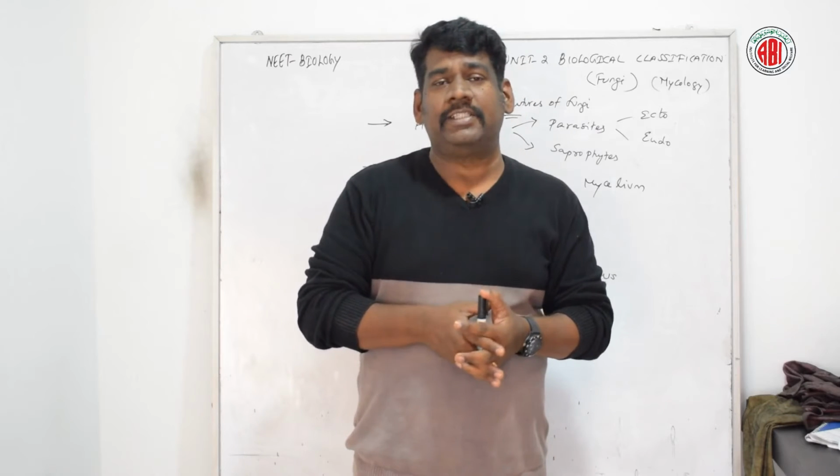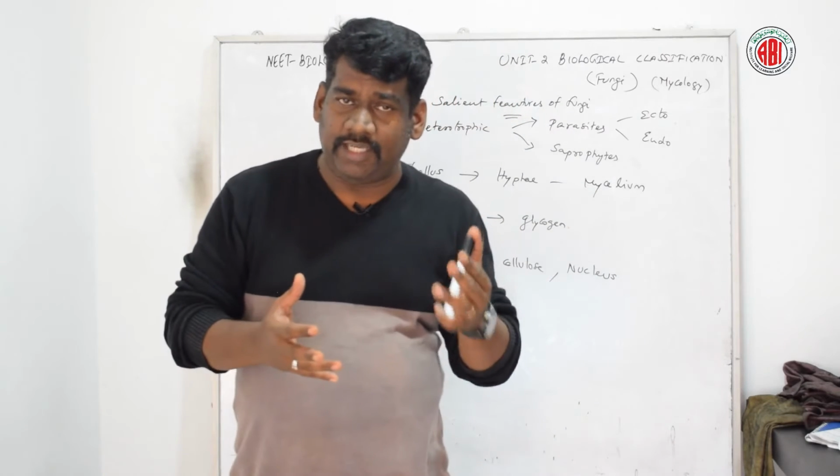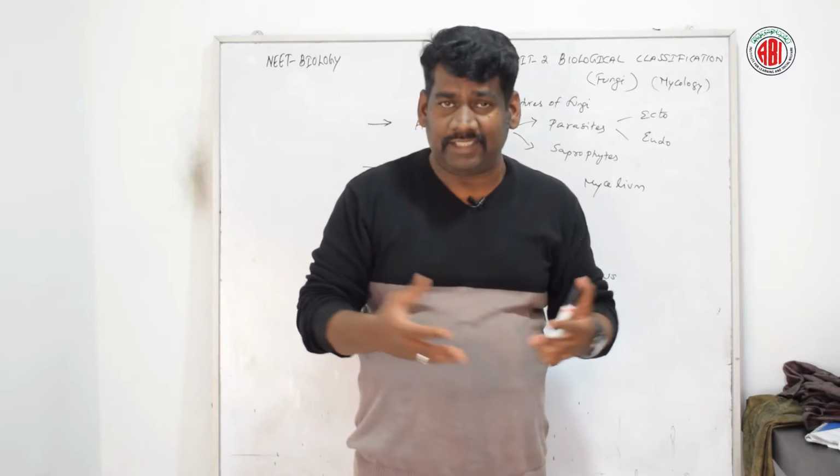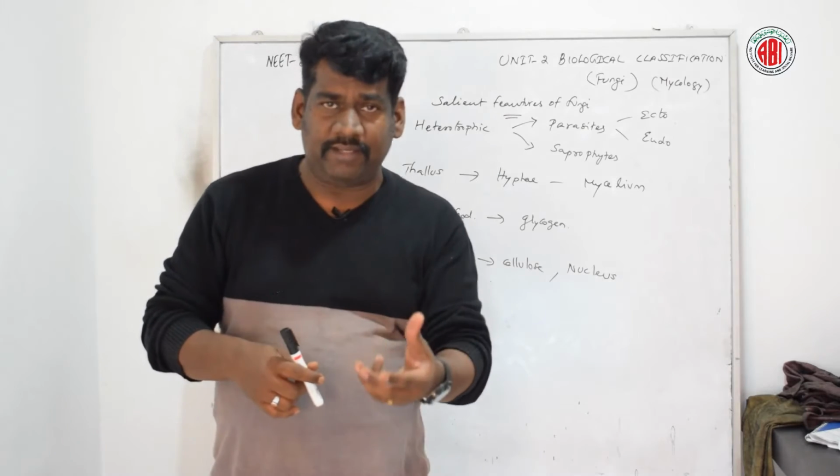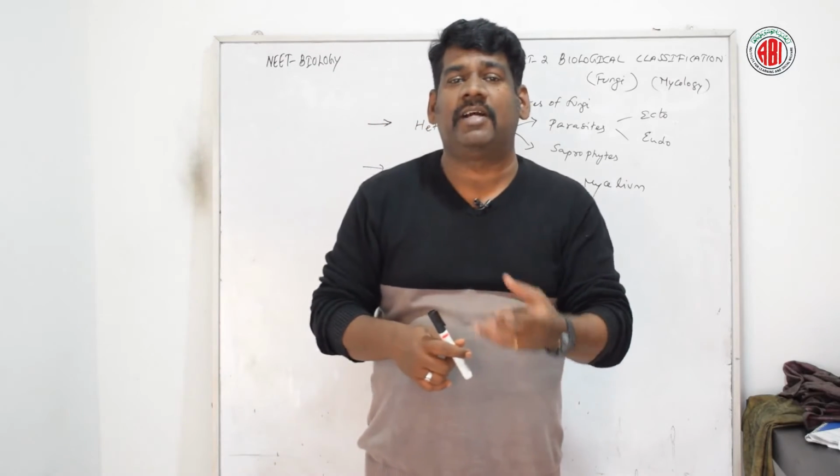But there are a few organisms involved in the saprophytic mode of nutrition and also the symbiotic mode of nutrition, especially the combination of a type of algae and a type of fungus that forms a new kind of organism called lichens.